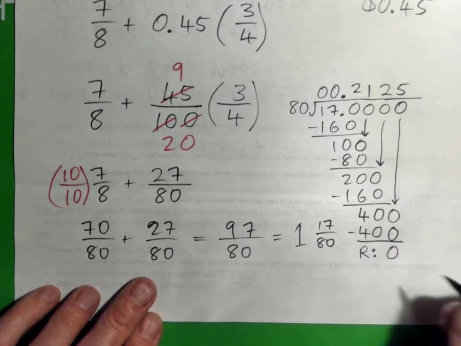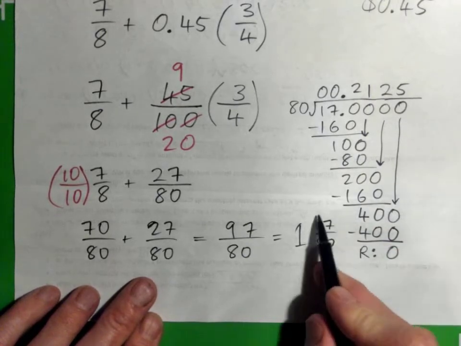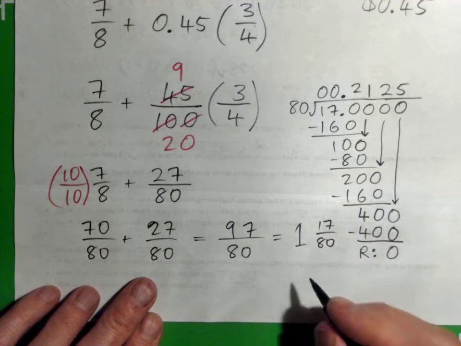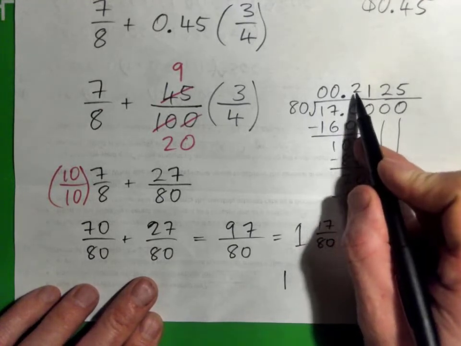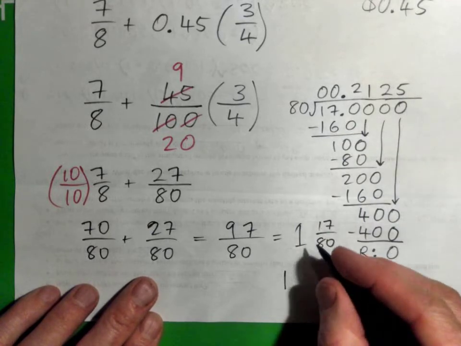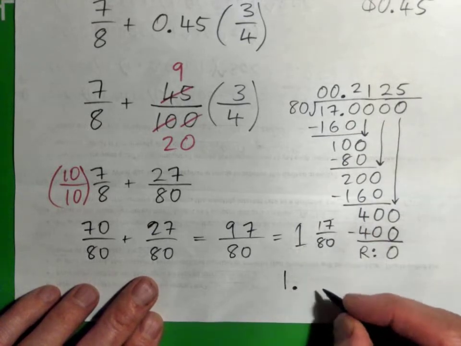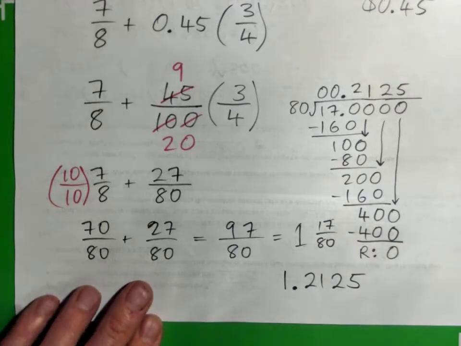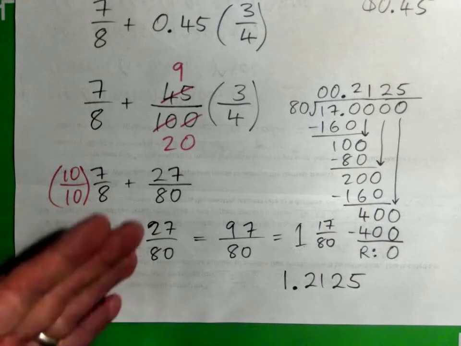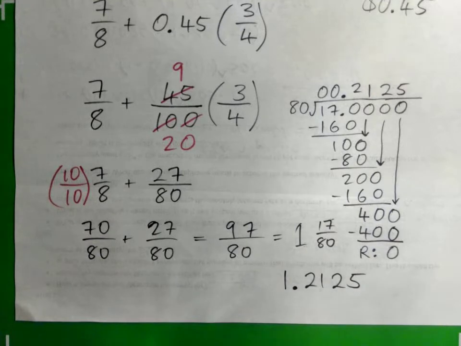Remainder 0. So this 17 eightieths was a real pain, but we found out that it's 0.2125. So 1 and 17 eightieths is 1.2125. And now in hindsight we go, gosh, we should have just worked on this as decimals because this is a real struggle, right?